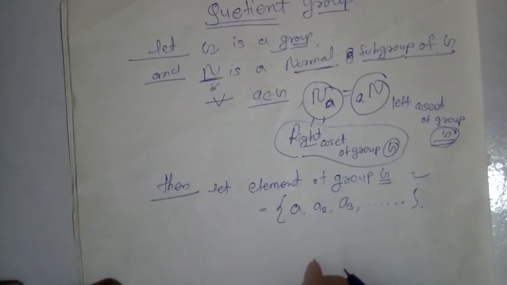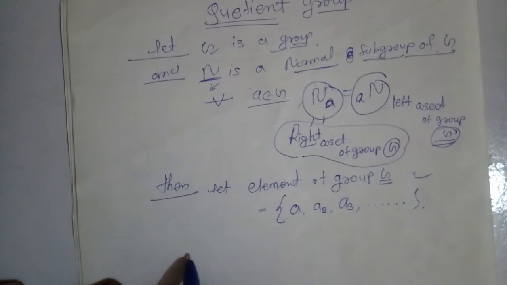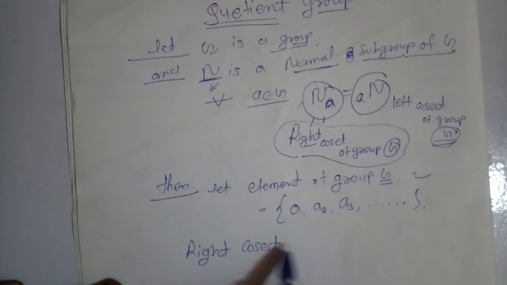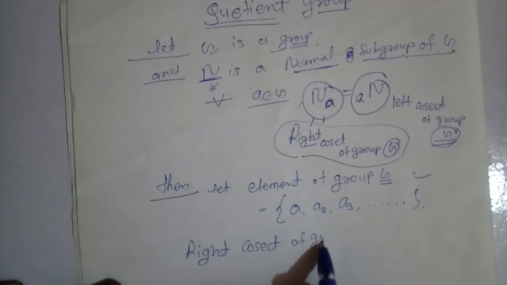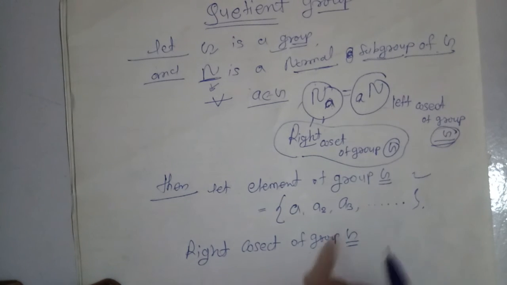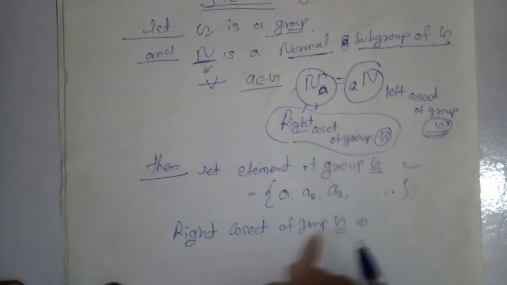And then we also write the right coset of group G. Okay, what is the right coset?